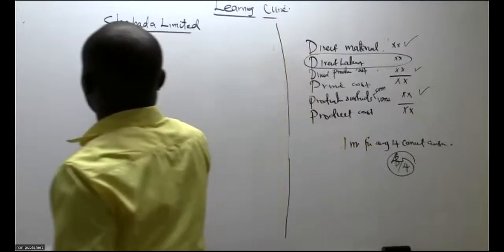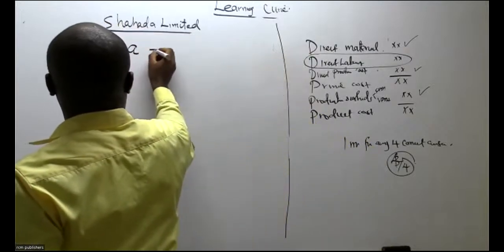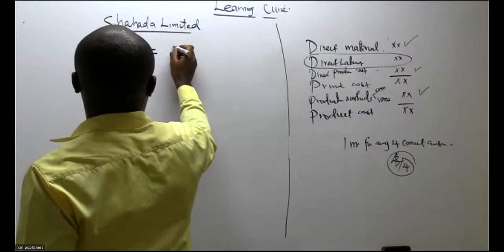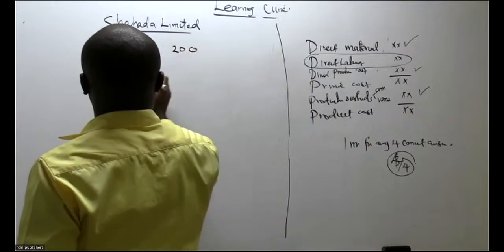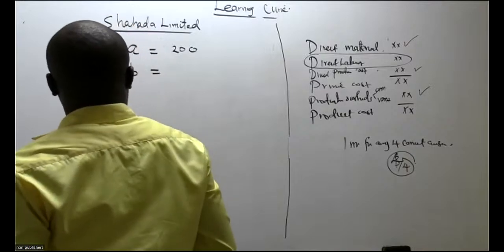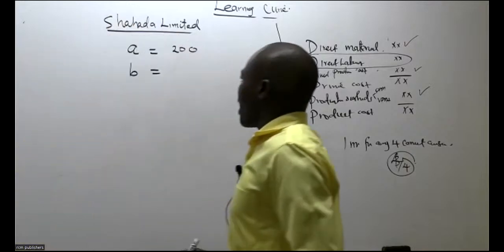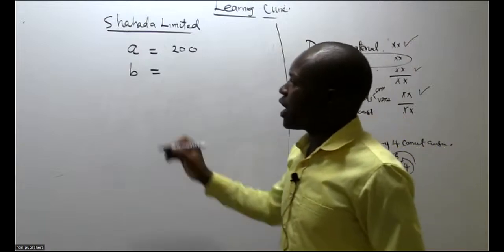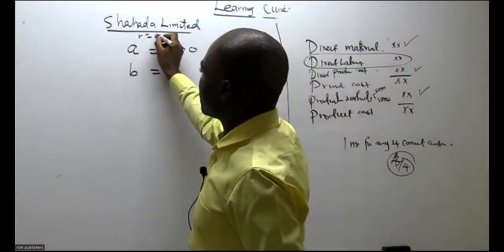Now, we've already known that A is equal to 200. B, we've been able to get the value of B, which is equal to log R. We have R somewhere as 0.9.